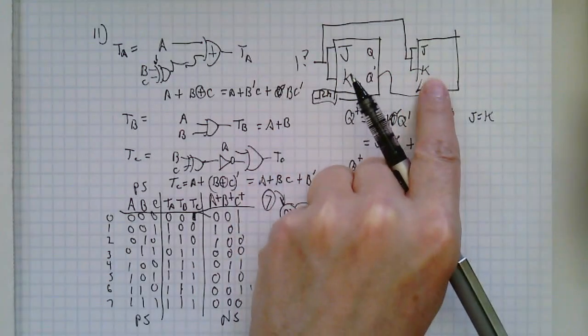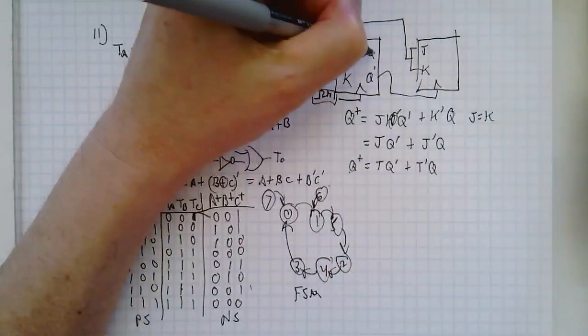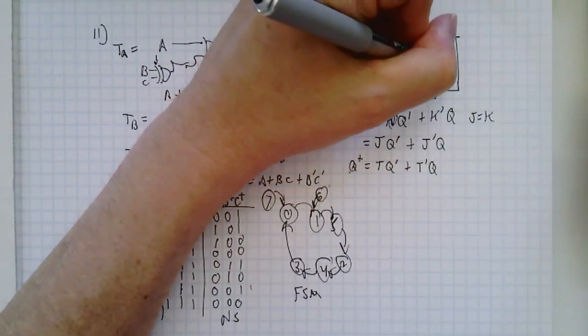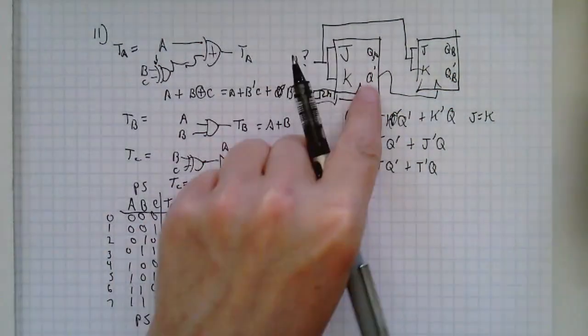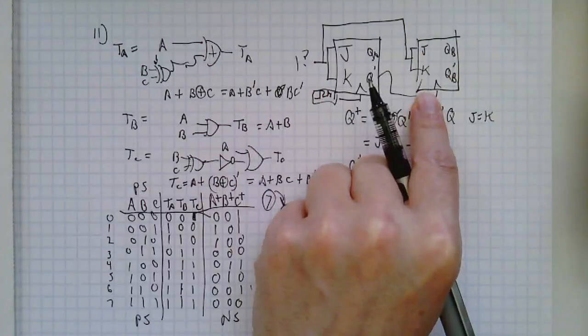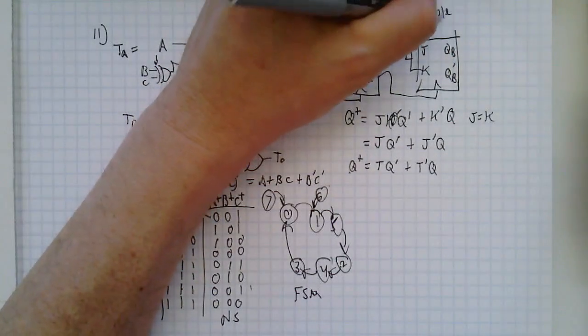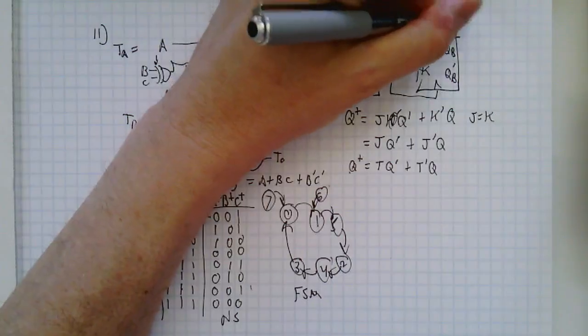This can be QA, this can be QB. If you ripple the output to the next stage like this, you've created what's called a ripple counter. Ripple counter is cool, right?